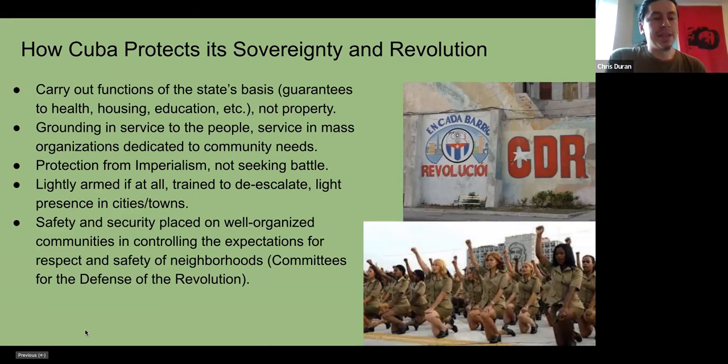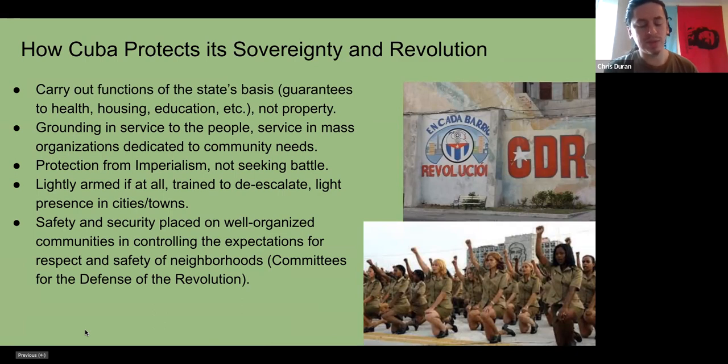So moving on to the next slide, we want to start off with how Cuba protects its sovereignty and its revolution. One thing to understand is that in a socialist country, the character of the state is very different from that of a capitalist country like the United States. The revolution fundamentally is based on people's ownership of production, people's ownership over their lives and their communities, from a local level to a national level.